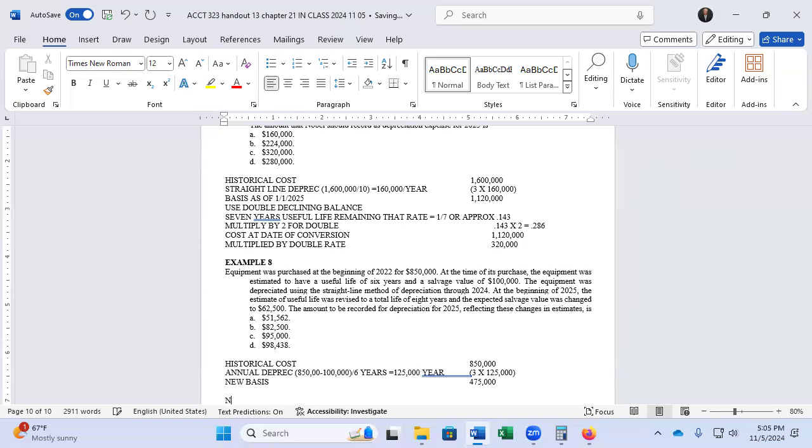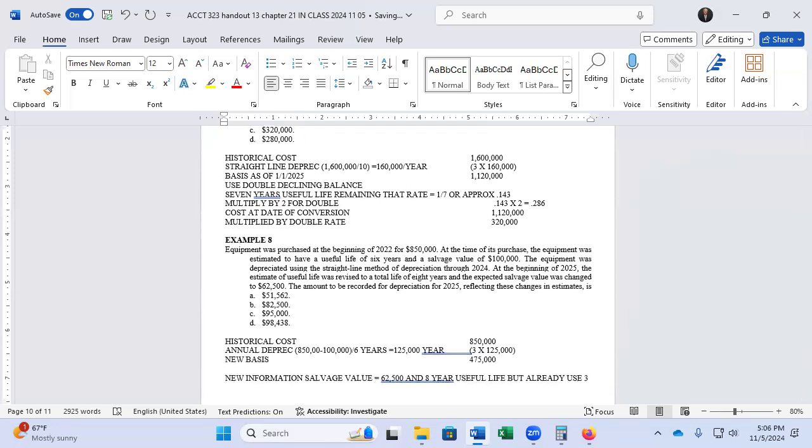And our new information: salvage value equals now 62,500 and an 8-year useful life, but already used through 3. So we have 475,000 minus the 62,500, and we're now dividing that by 5 years. And so that comes out to 82,500.